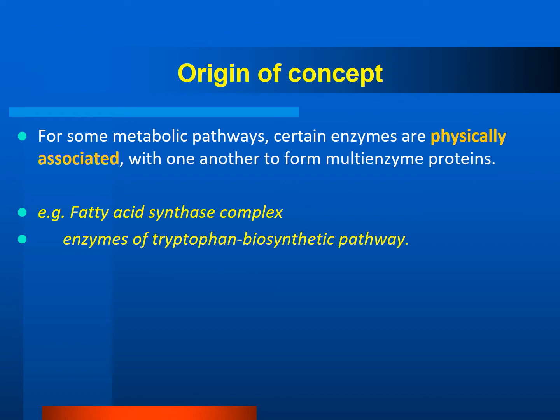These conditions point out that since more than one enzyme exists in a multi-enzyme system, those enzymes are physically associated, and the physical association of various enzymes indicates the evolutionary existence of multi-enzyme systems with time.